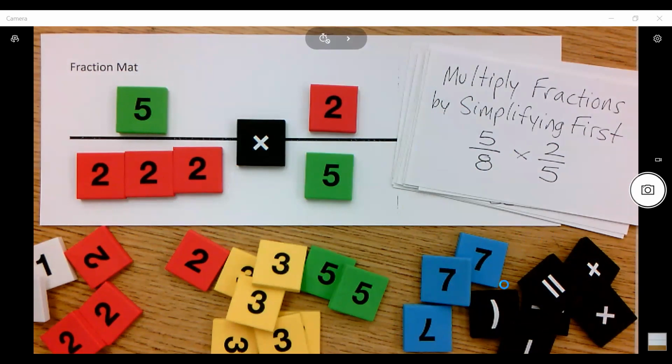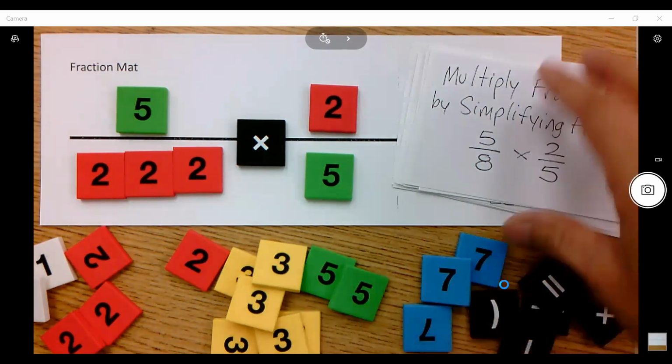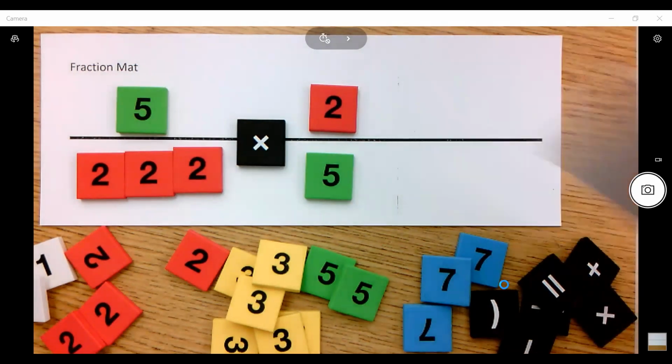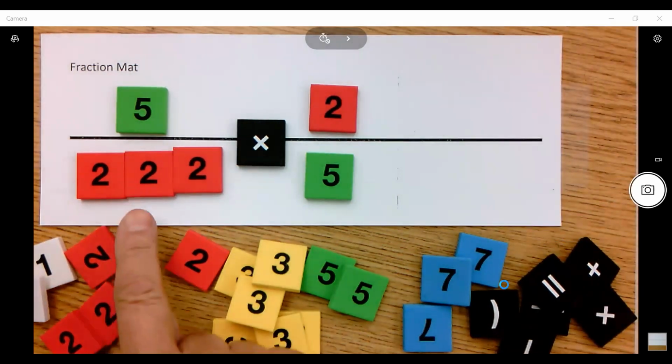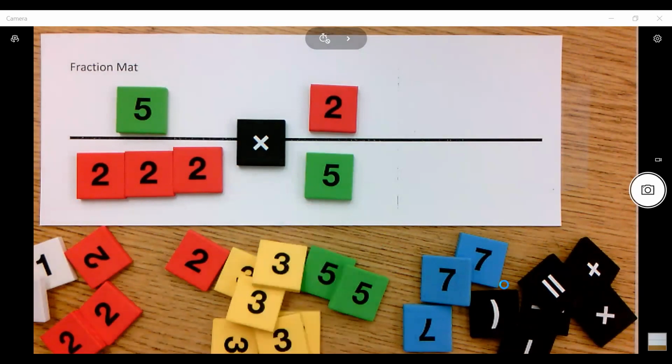Now, one thing that's really important when we move to operations such as multiplying with fractions is trying to make sense out of it. So very often it's just numbers to the students, and they'll come up with a crazy answer without recognizing that it makes no sense. So I'm just going to show very briefly how I can take that 5/8 times 2/5 and try to make some sense out of it.